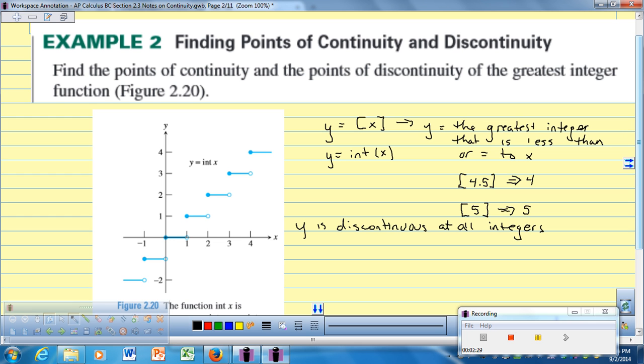And then we could say that y is continuous at all other real numbers. Those being the ones that are not integers. Okay, so let's move on.